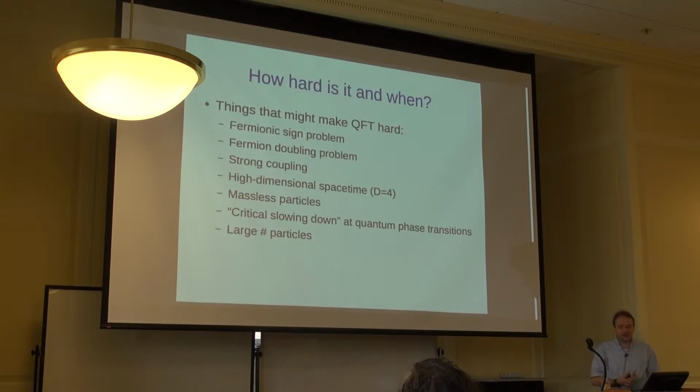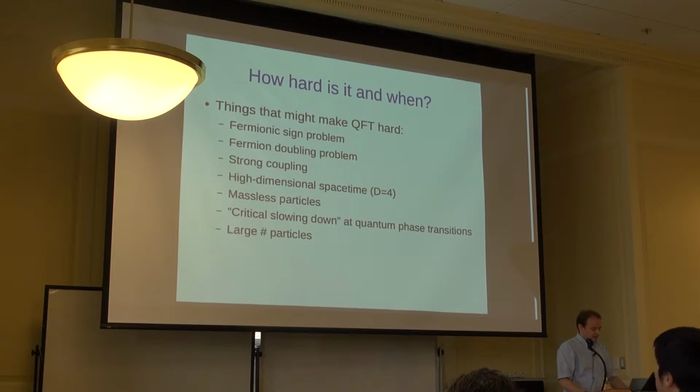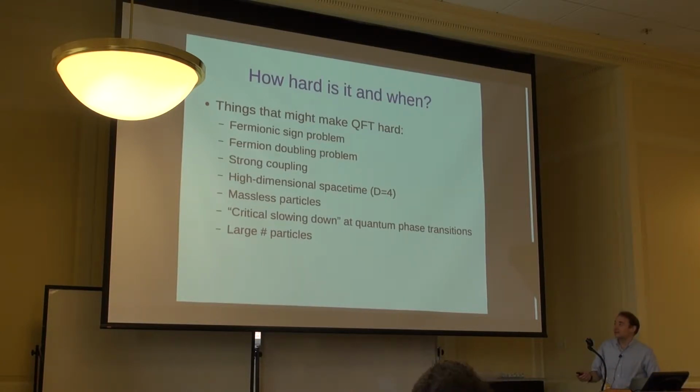Some of the things which are known by experience to make quantum field theory problems harder would be the presence of fermions, which can induce sign problems that make Monte Carlo methods difficult. In the case of chiral theories, there's the fermion doubling problem that's hard to deal with. If the theory is strongly coupled, then perturbative methods run into problems. Usually, the higher dimensional the space-time is, the harder the problem is. Massless particles seem to add extra difficulties, especially for the quantum algorithms.